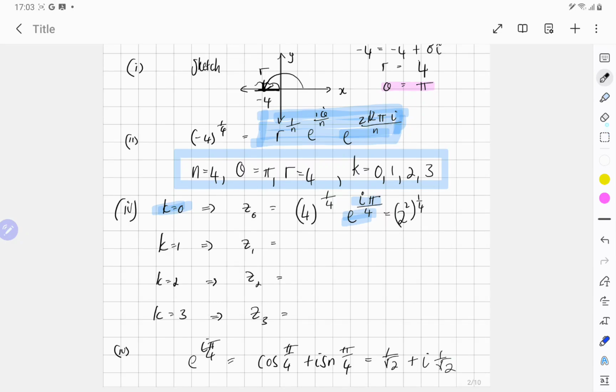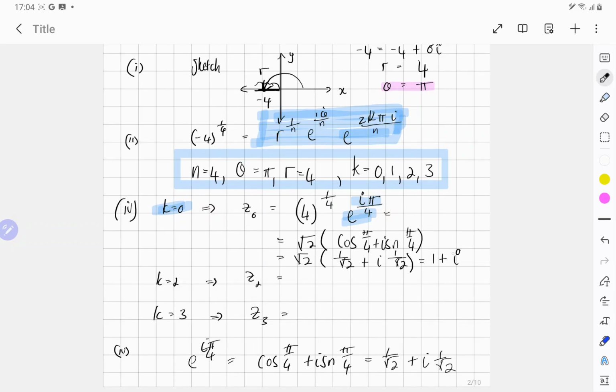Hence, for that answer, we will have square root of 2, times cos π/4 plus i sin π/4, which will be 1 over root 2 plus i times 1 over root 2, and our final answer is 1 plus i.